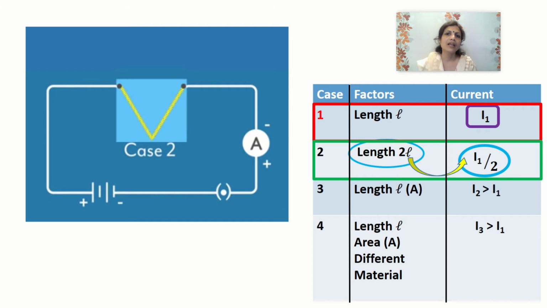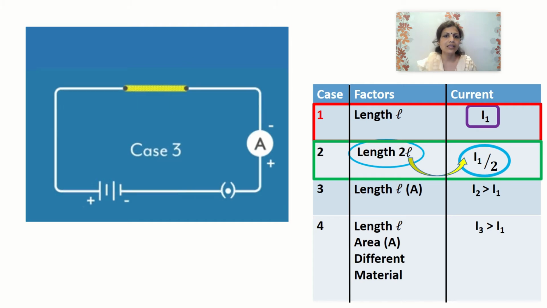Alright. Now we will consider case 3. In this case, we are putting a wire of more cross-sectional area. The length of the wire will remain the same, that is L, but we are taking a wire which is thicker. When I say it has more cross-sectional area, look at the figure.